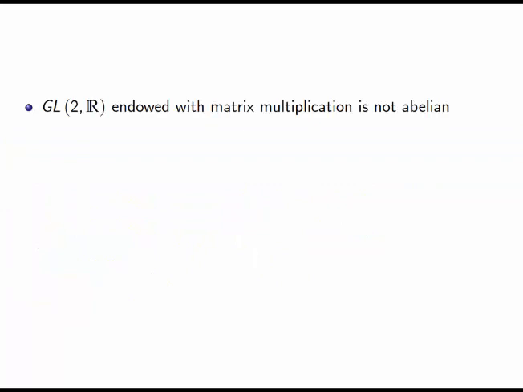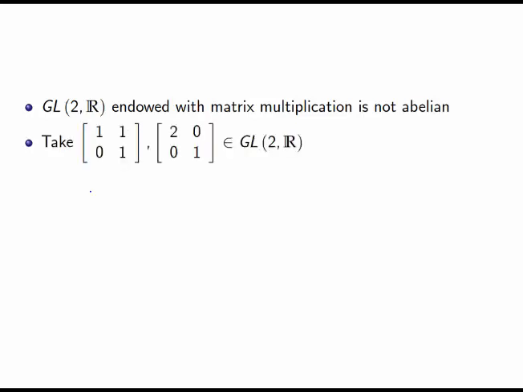Take, for example, the general linear group consisting of invertible matrices of order 2. I claim that this is not an abelian group. Take these two elements.